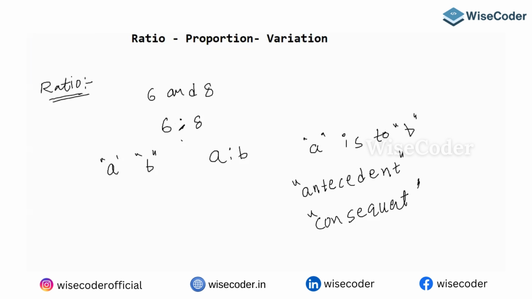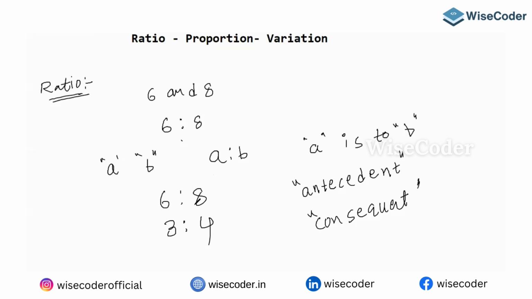For example, when the ratio is 6 is to 8, you cannot leave it as 6 is to 8. When there are common factors, you need to remove them. So you can say this as 3 is to 4.